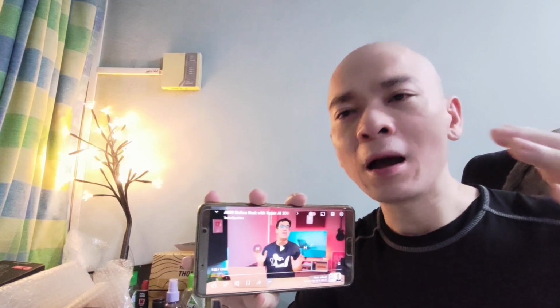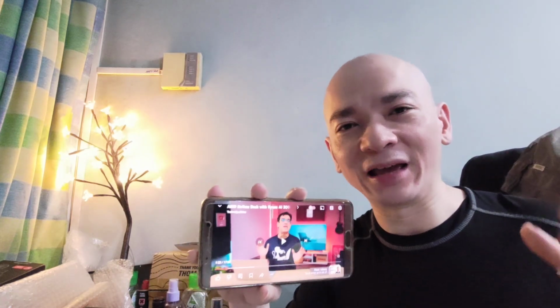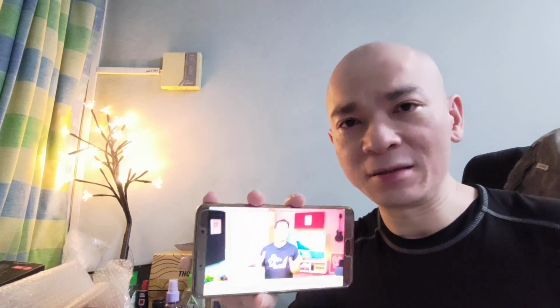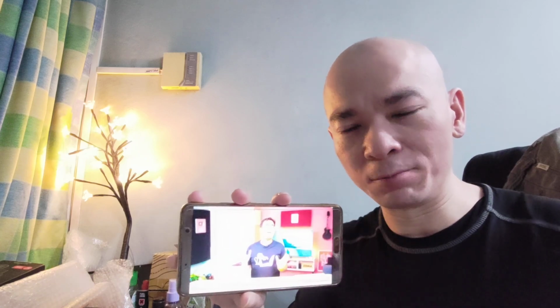So the CPU plus the GPU is equal to the APU according to AMD, but in Intel it's just a CPU plus the iGPU, which is the integrated GPU.